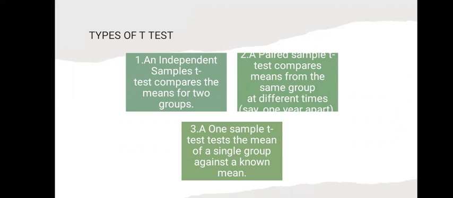An independent sample t-test compares the means of two groups. I shall be explaining this type in detail with an example. A paired sample t-test compares means from the same group at different times, say 1 year apart. One sample t-test tests the mean of a single group against a known mean, which was explained yesterday.